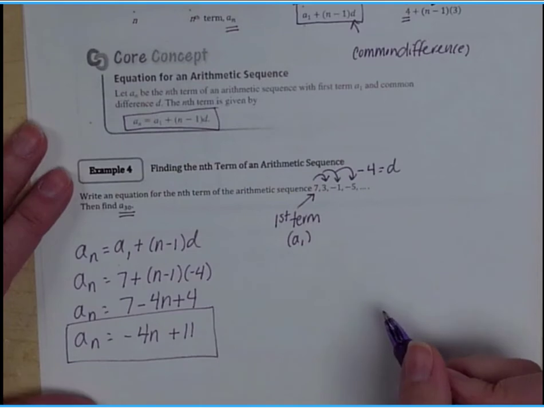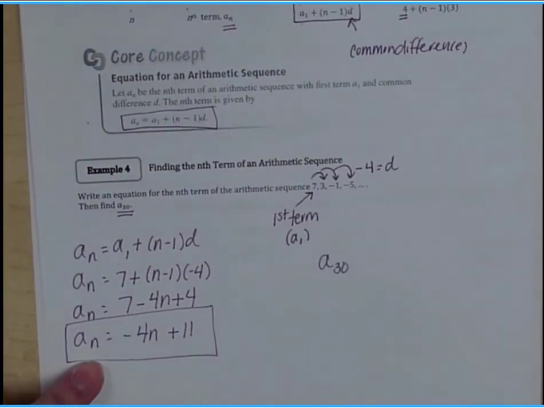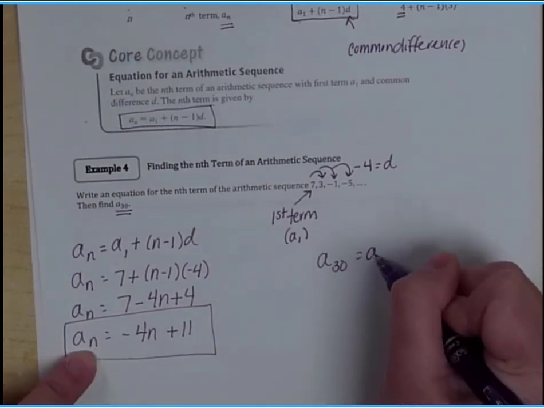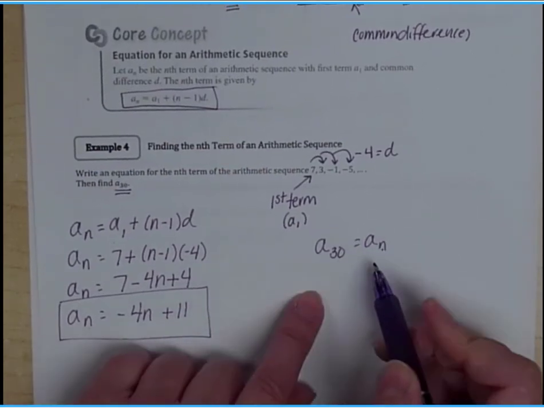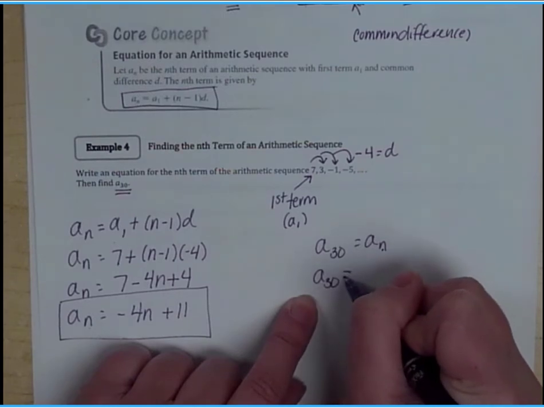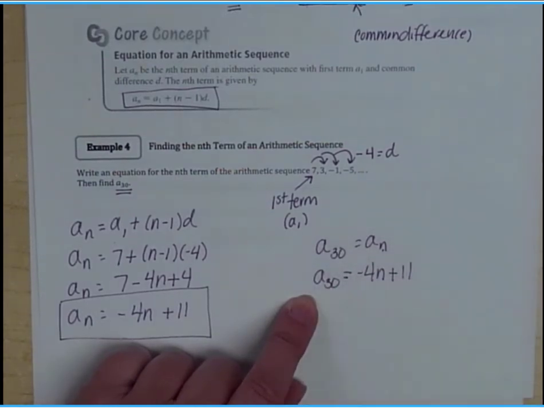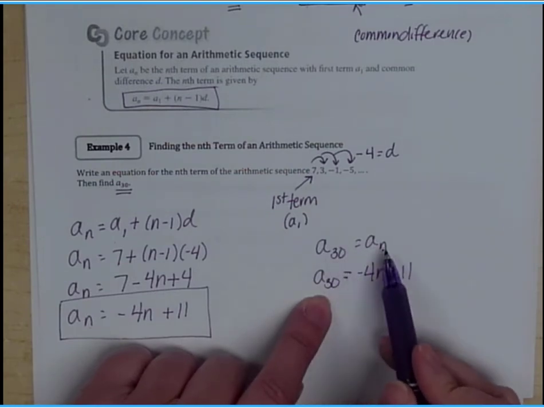Now I want to find A of 30. So A of 30 is going to be my A of n. This is what I'm looking at here. So I'm going to replace what I know. So I've got A of 30 equals negative 4n plus 11. Well, this is like a function, so I'm going to replace my n with 30.